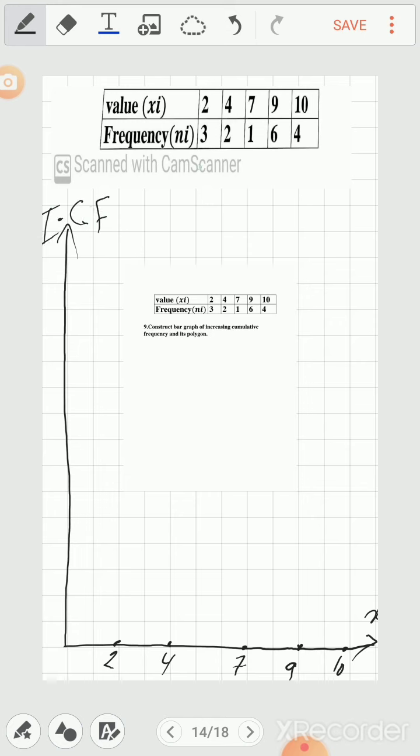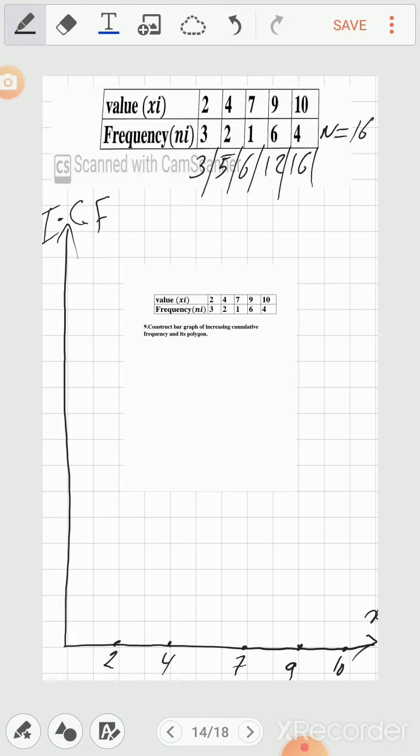We have to find it. 3 plus 2, 5 plus 1 is 6, 6 plus 6 is 12, 12 plus 4 is 16. The final one is 16, which is equal the size of the population, which is 16.